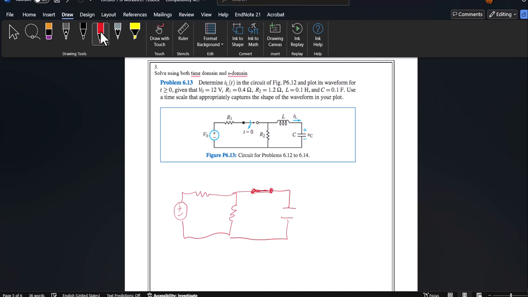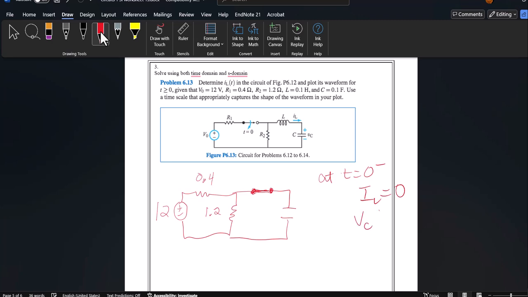So was there any current through the inductor at t equals 0 minus? No. So at t equals 0 minus, IL is 0.